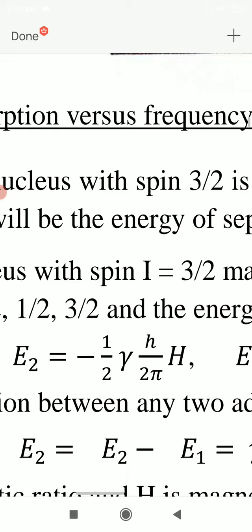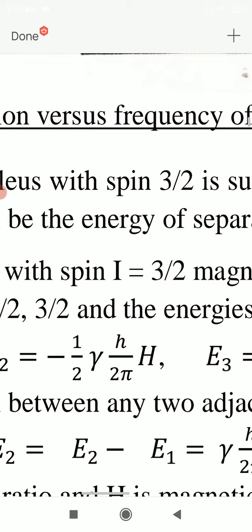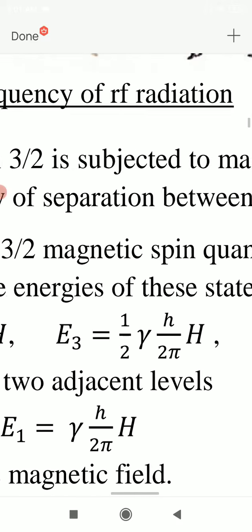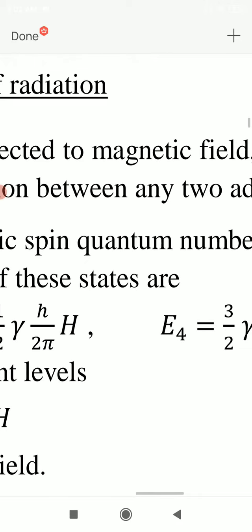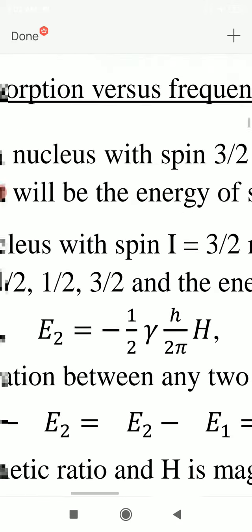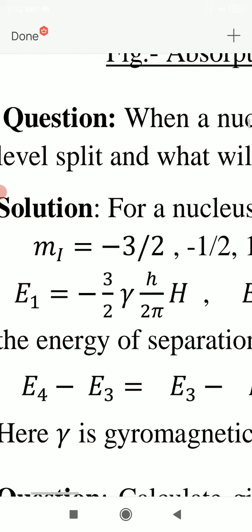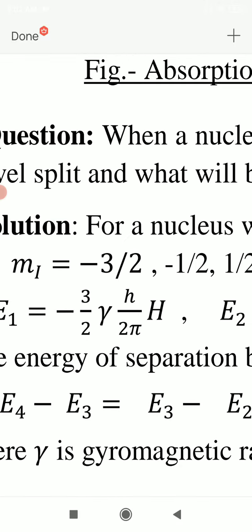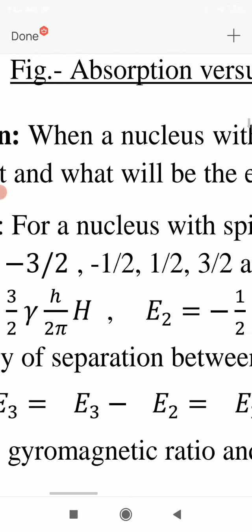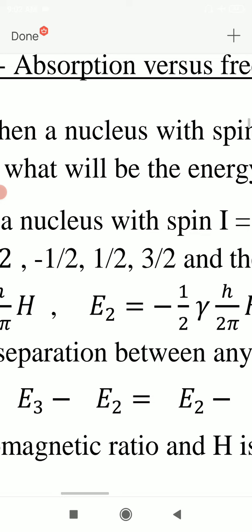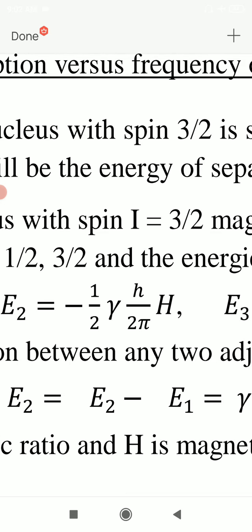For a nucleus with spin I equal to 3 by 2, magnetic spin quantum numbers Mi have these four values: minus 3 by 2, minus 1 by 2, 1 by 2, and 3 by 2.